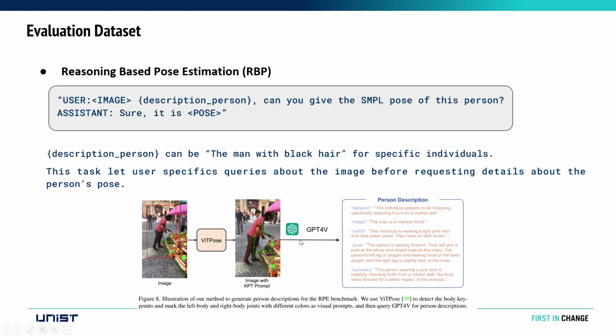In order to get that evaluation dataset, they collect data from standard human pose estimation, then extract the 2D keypoints from the image before sending them to GPT-4 to output the specific description of the input image.